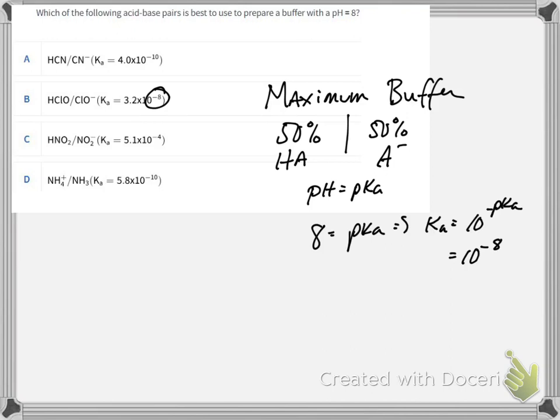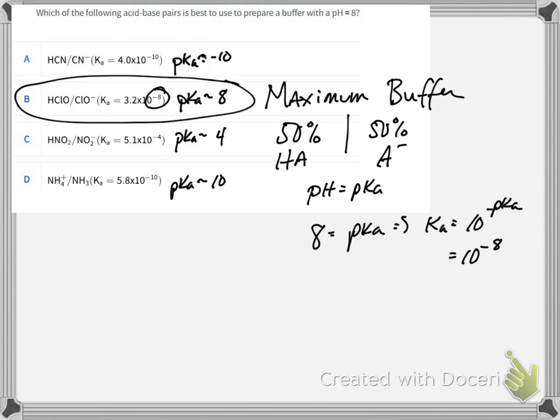Now, is it exactly 8? It doesn't have a pH of exactly 8, no, but it is very close. If we look at the other substances, the pKa is around 4, 10.